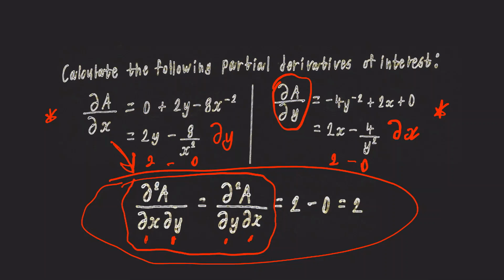So 2 minus 0, so both these things are in fact equal. And that's an important relationship. We have now calculated all the first and second order partial derivatives possible for this function, and we are going to need all these derivatives in the coming steps to actually solve the problem at hand.